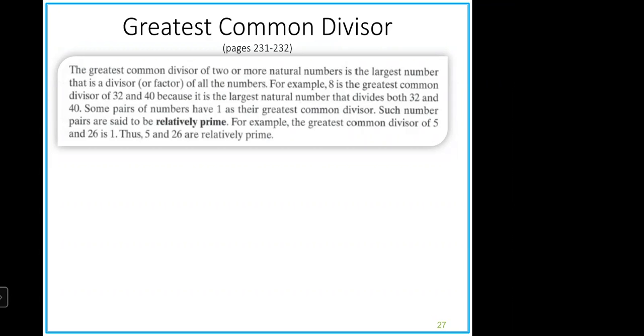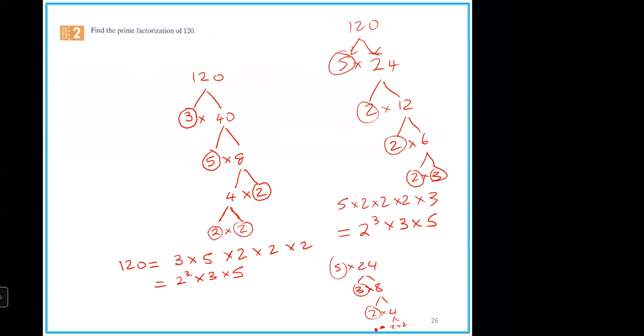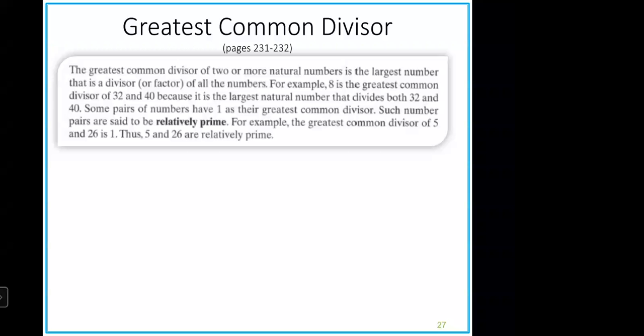Now, one way to find the greatest common divisor is to use the prime factorization of numbers. It says here the greatest common divisor of 2 or more natural numbers is the largest number that is a divisor or factor of all the numbers.